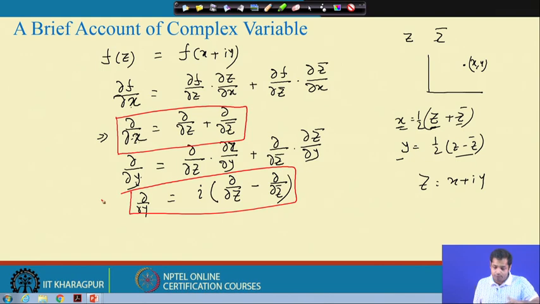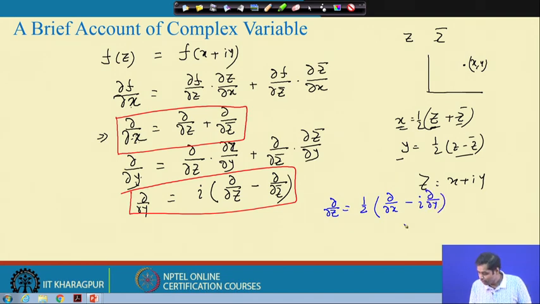Now, if we solve these two, then we have a relation. We can show that del z is equal to half of del x, and we will be using this expression, i into del y, and then del z bar. But this equation is important, because we will use this equation to introduce one very important theory in complex variable.